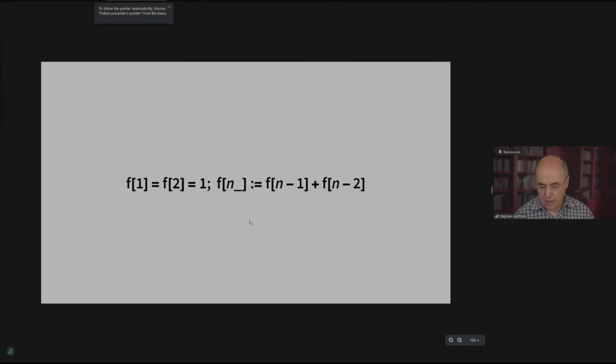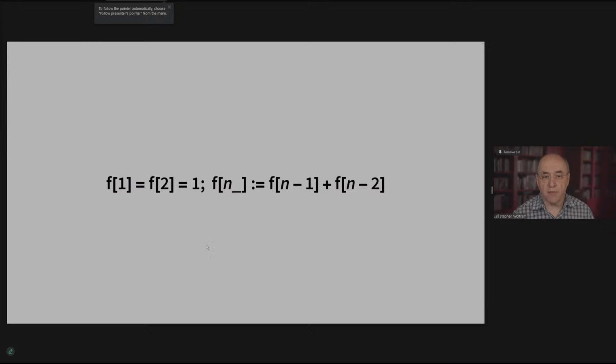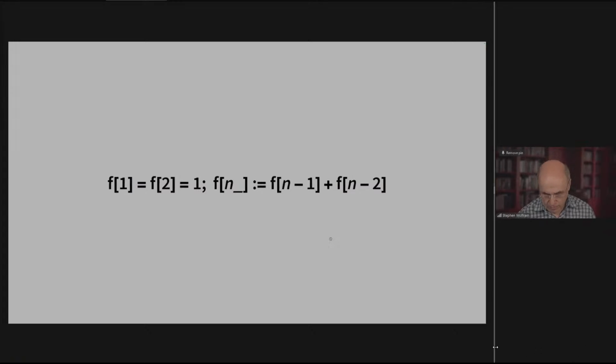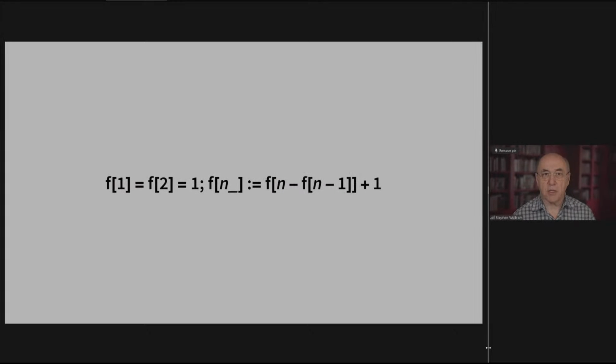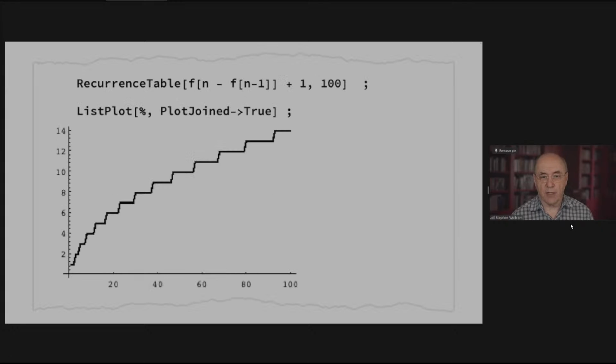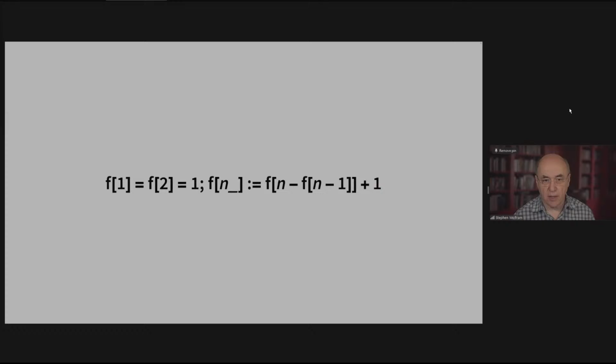And immediately I saw cases with nested functions like this. For some reason, at the beginning, I wanted to keep the same initial conditions as for Fibonacci. That's f of 1 equals f of 2 equals 1.